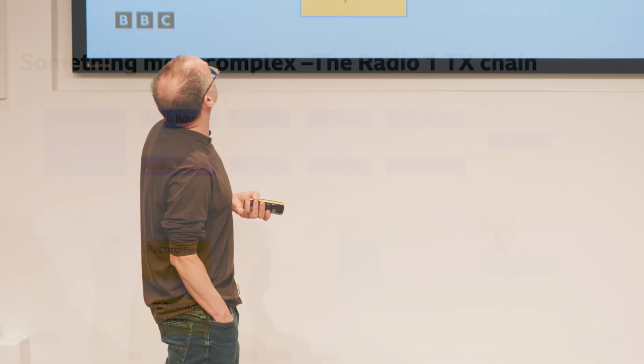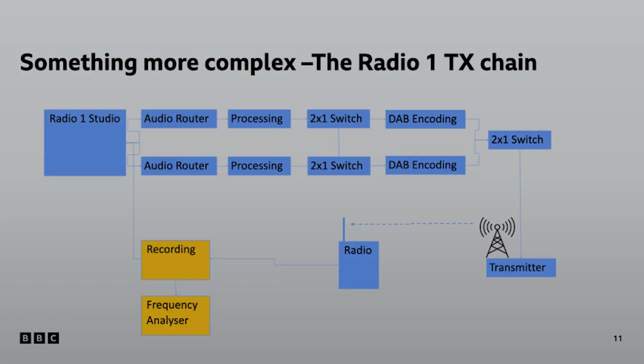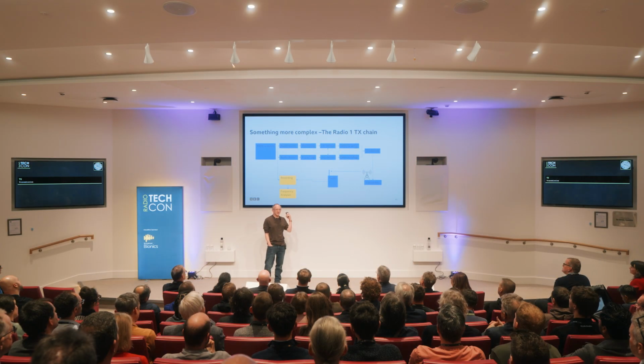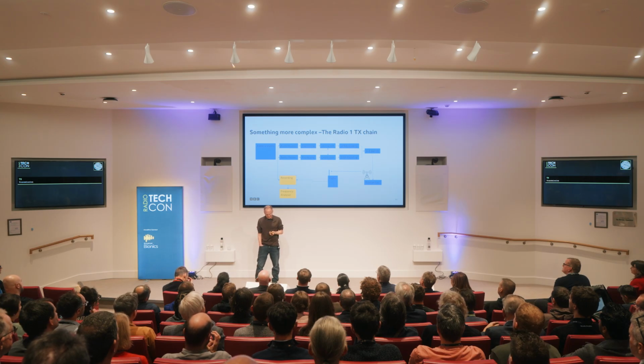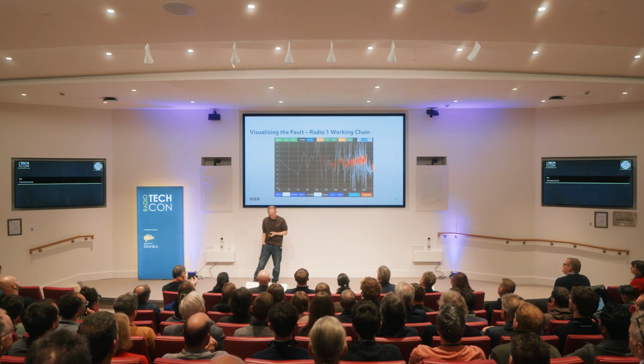So this is the Radio 1 TX chain from a studio, a couple of routers, load of processing, as you'll know if you've listened to Radio 1, some more switches, DAB encoding, currently MP2, very lossy, transmitter, and then to complete the circuit, we have some check receivers, so some MP2 decoding, and those are our 2 monitoring points. So we could make it learn that as well. That would be very cool. It's a lot more complicated. So again, let's take some recordings and visualize it.